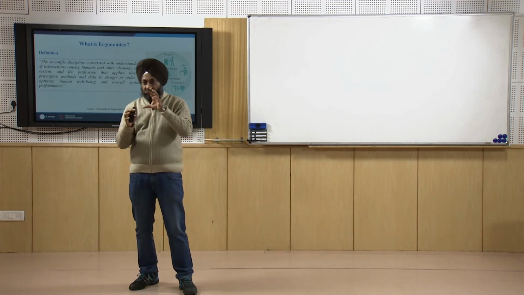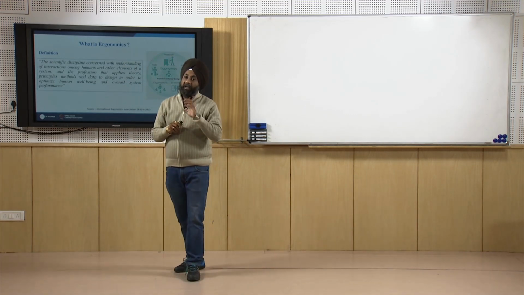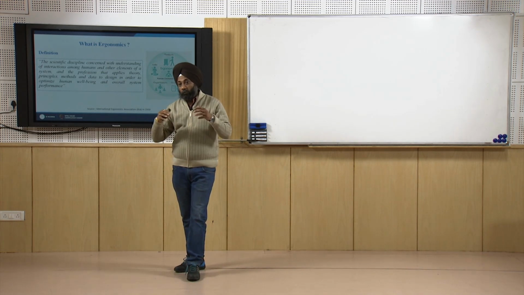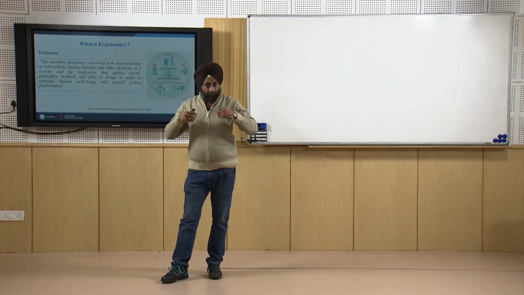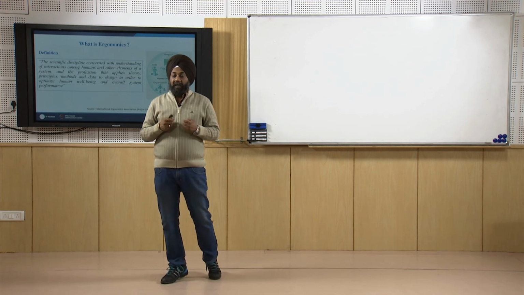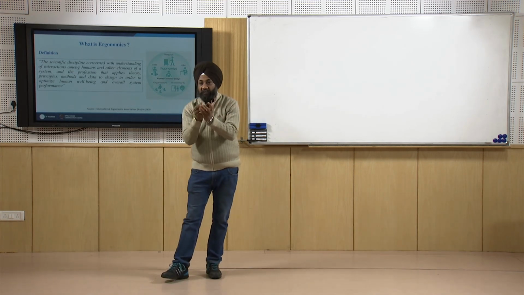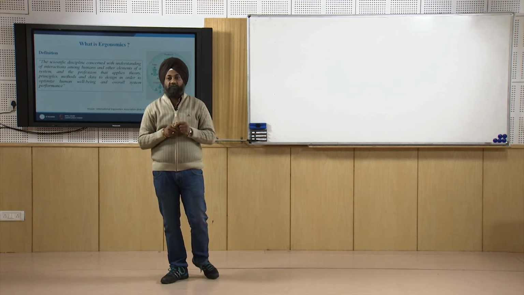So we have to understand this interaction between the human being and the elements of the system and try to improvise this interaction in such a way that my well-being also improves, I feel happy working in the system, as well as the system whatever is designed or whatever is required out of system is also achieved successfully.